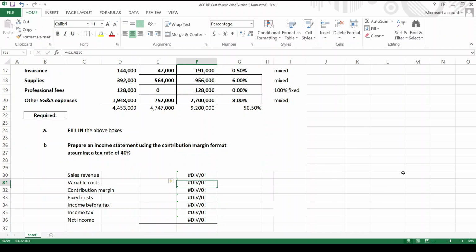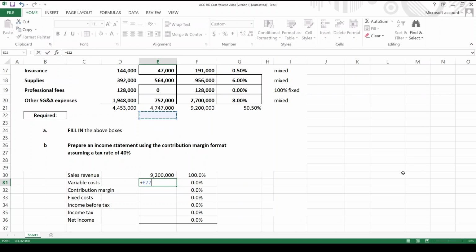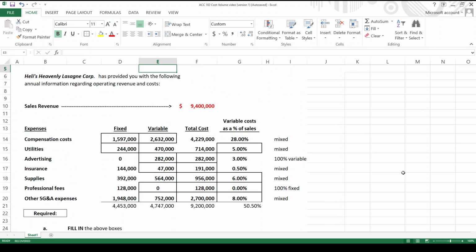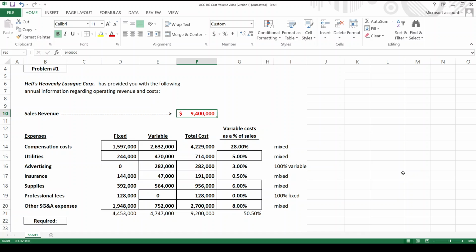Plug that one in over here. And the variable cost we computed to be 4747 in total. Picked up the wrong number there, folks. It's 9.4 million. F10.